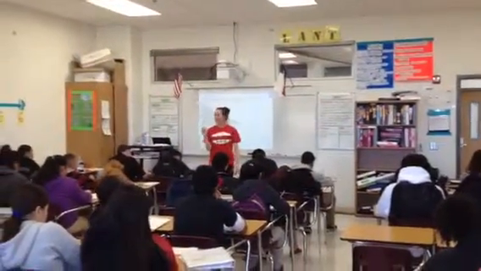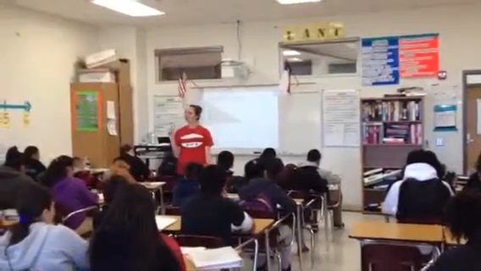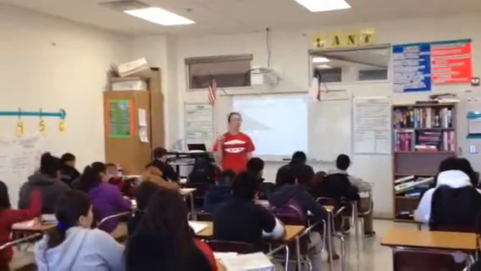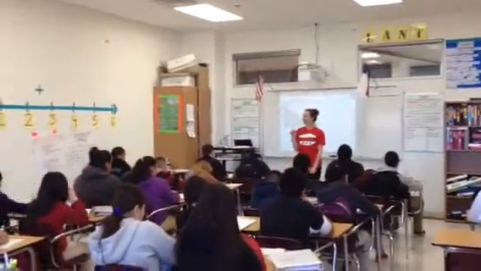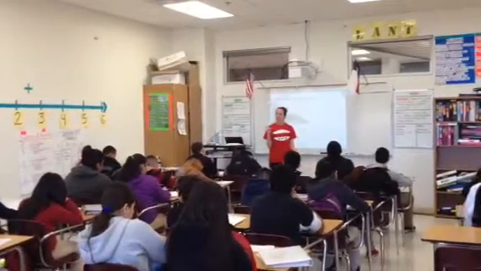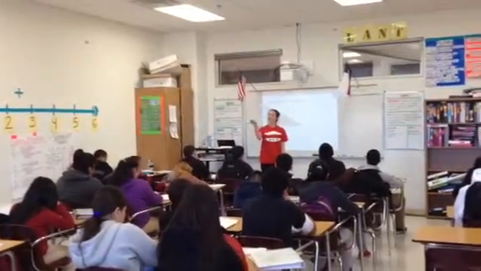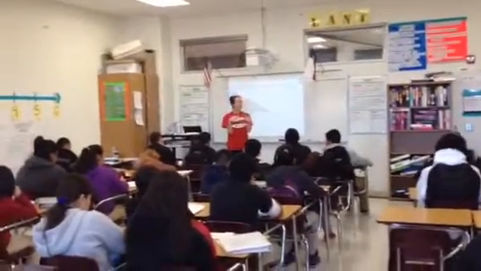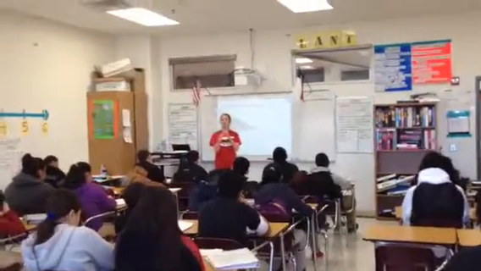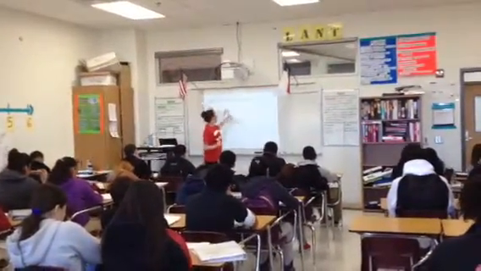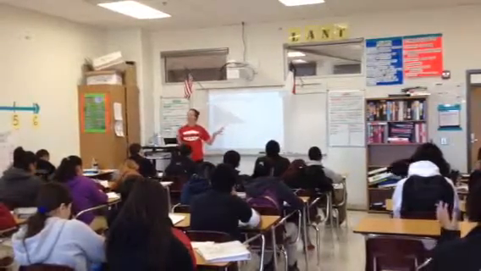Now, how can we identify the hypotenuse? Does anyone know how we can identify the hypotenuse? Okay, Destiny? A squared plus b squared equals c squared. Okay, so if we needed to actually find it using an equation, we'd use a squared plus b squared equals c squared. But how can we identify which part it is on the right triangle?